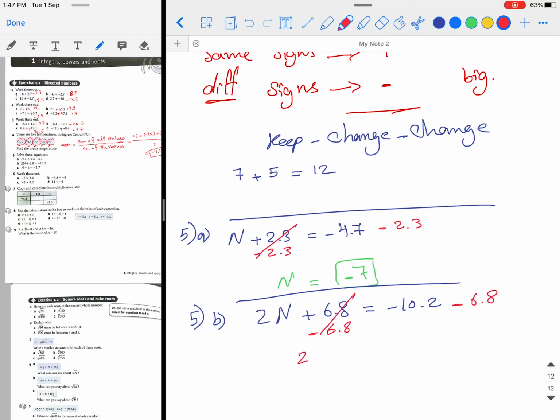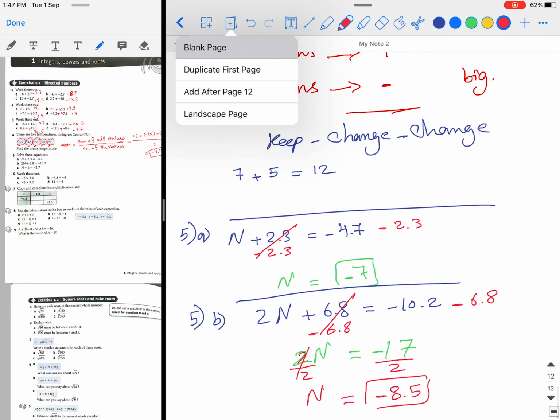The remaining is 2n equal negative 10.2 minus 6.8, it's negative 17. Okay, now I need only n, not 2n. 2n equal negative 17. So what about n? I will divide here by 2 and here also by 2. So 1n equal negative 17 divided by 2 means negative 8.5.